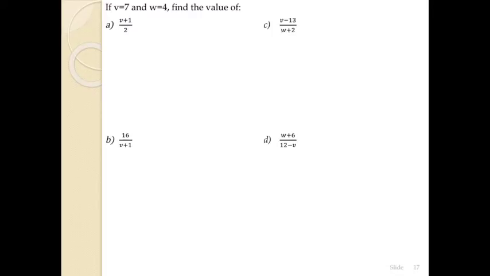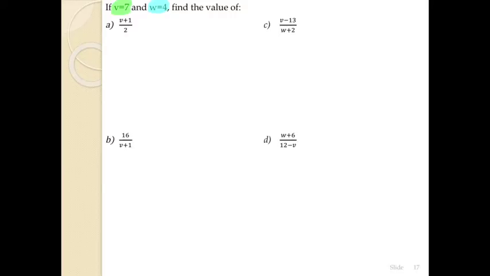So here, we are asked to do substitutions. We're given values for v. We're told that v is equal to 7 and that w is equal to 4. And so what we're going to do is substitute for the pronumerals the numbers.